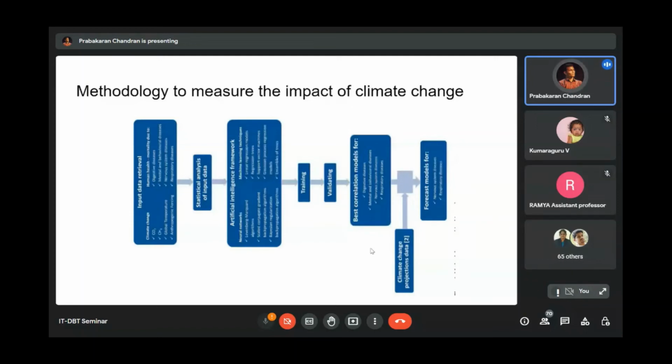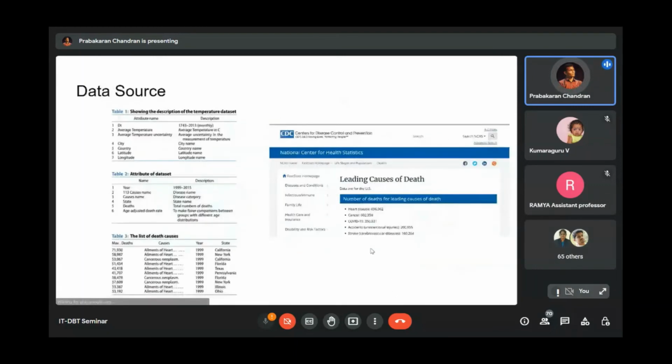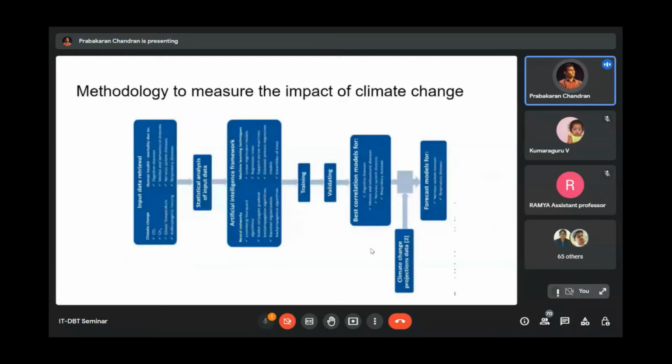And through government agencies, they collected mortality-related data, the public death records. What are the causes of death, whether it is because of a chronic illness, or an acute illness, or what the reason is, whether it is because of an air quality issue, or a waterborne disease, or a respiratory-related problem. That kind of data is collected through a government agency.